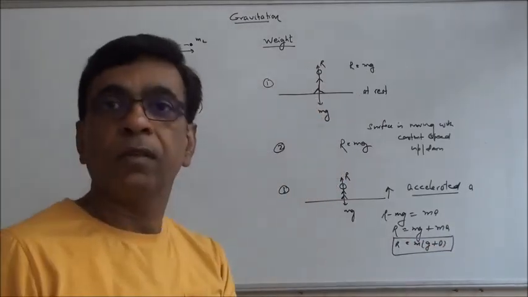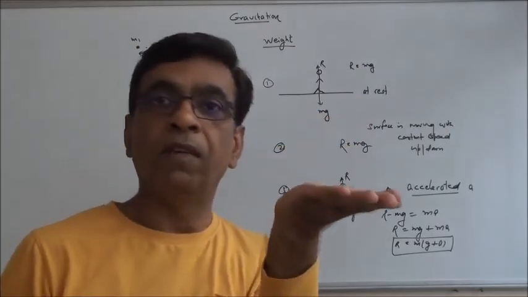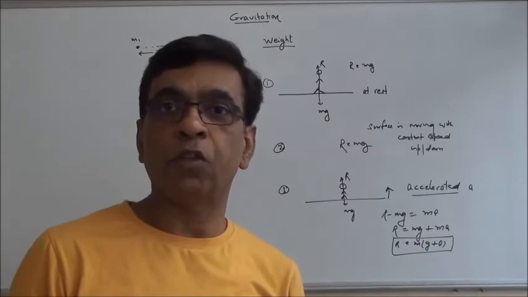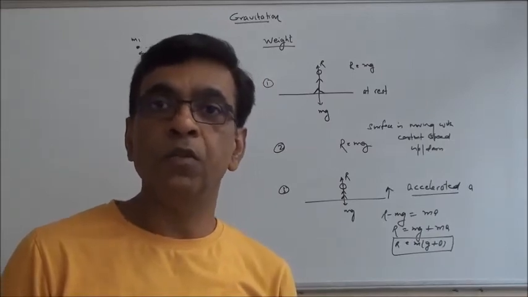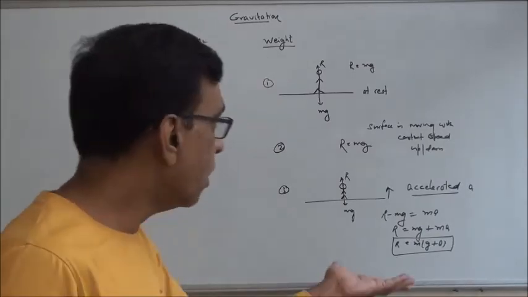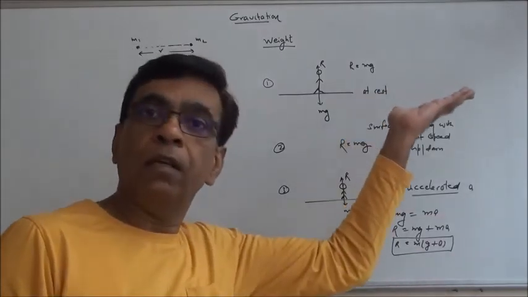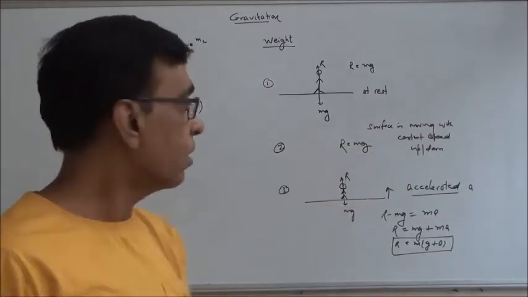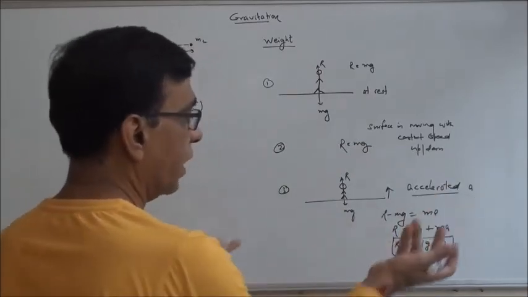It means we feel heavier. The force of the surface on which we are standing is more than mg. So there is a net force acting in the upward direction. The object appears heavier than its usual weight mg.